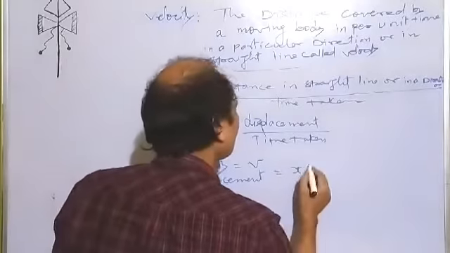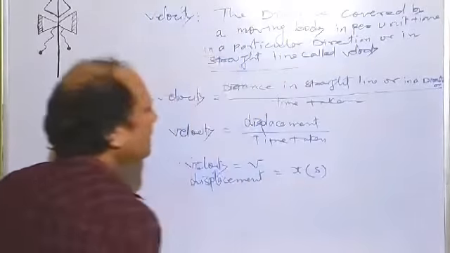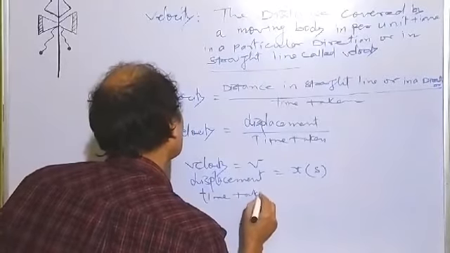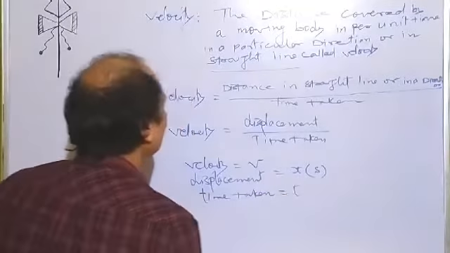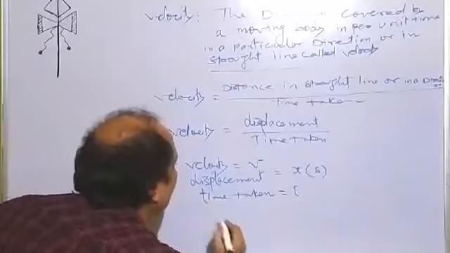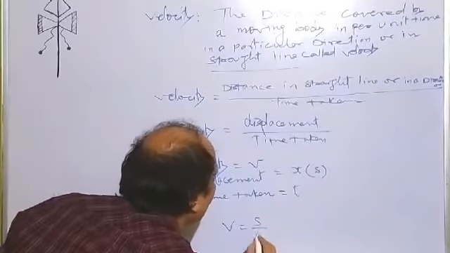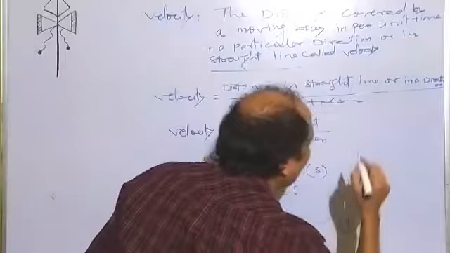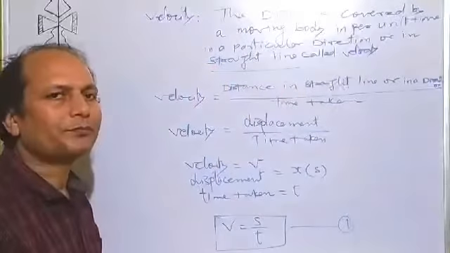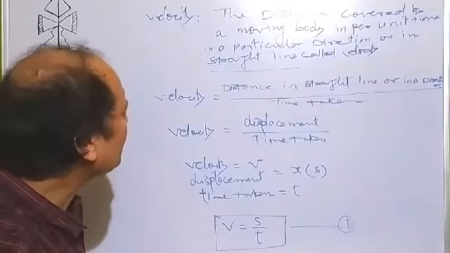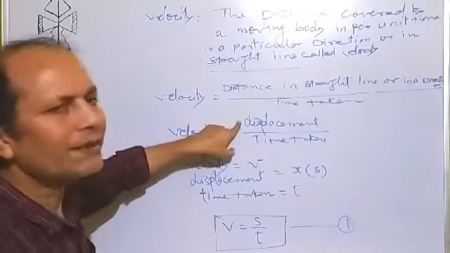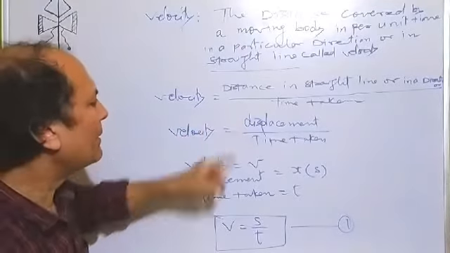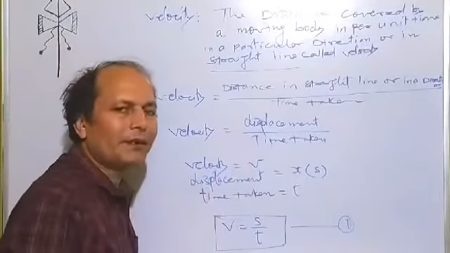And time taken, as you know, is t. So velocity v equals s by t. Equation 1. That means velocity is dependent upon displacement, displacement upon time taken.